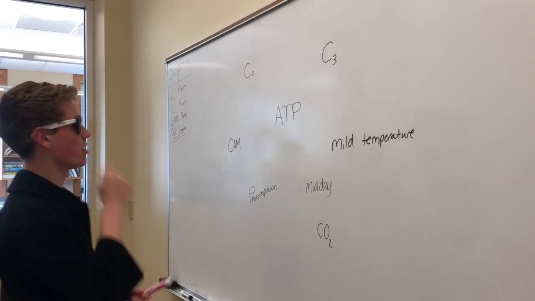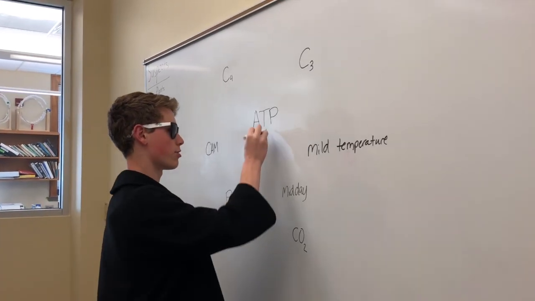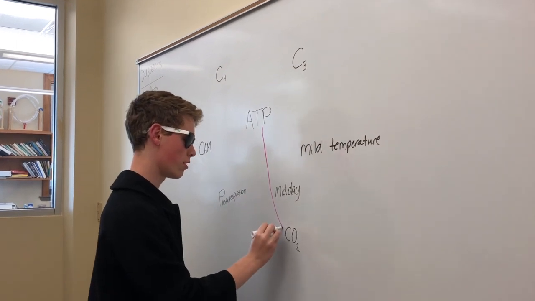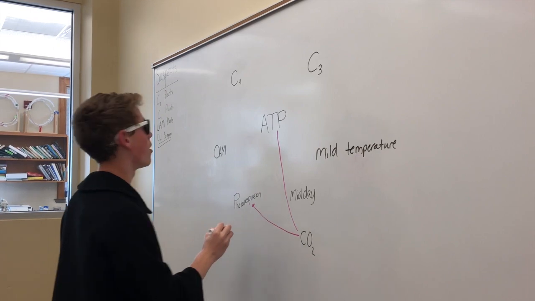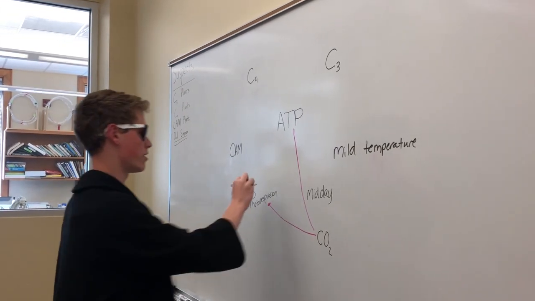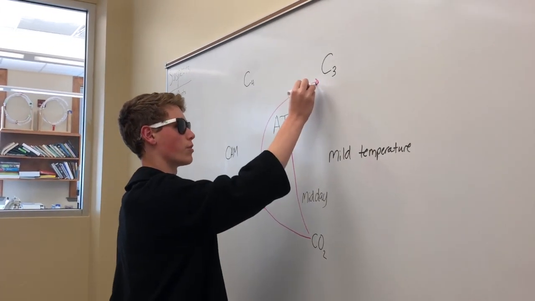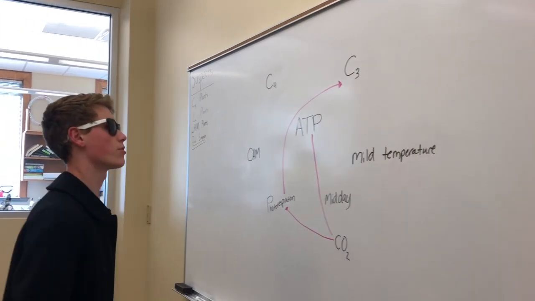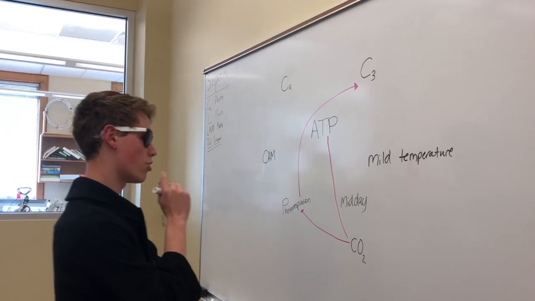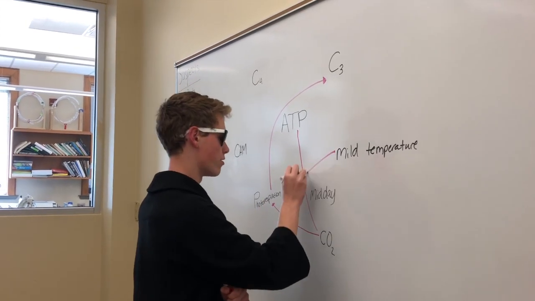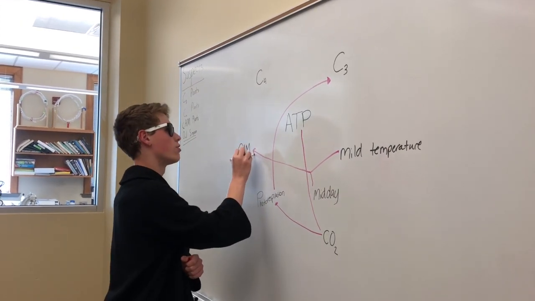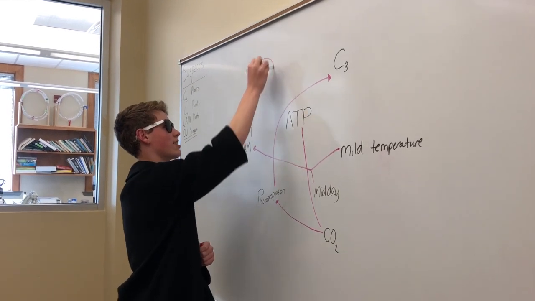Let's see here. So ATP was taken in this case. There was a lot of CO2, meaning that there couldn't be photorespiration because there wasn't oxygen. Also meaning that C3 would not be the culprit because they use photorespiration quite frequently. Also, since it was mild temperature and during the day, that would mean it is not going to be CAM. So our suspect has to be C4.